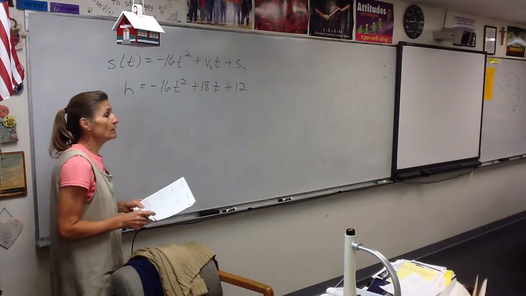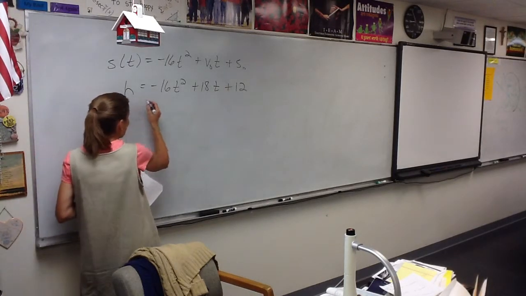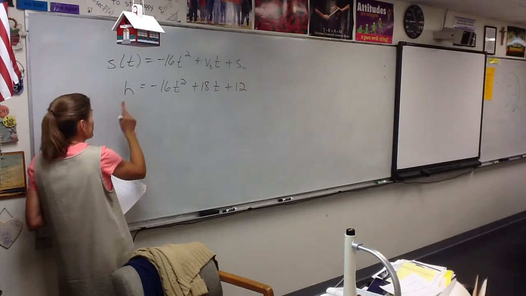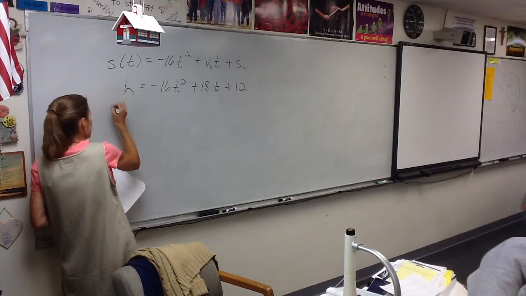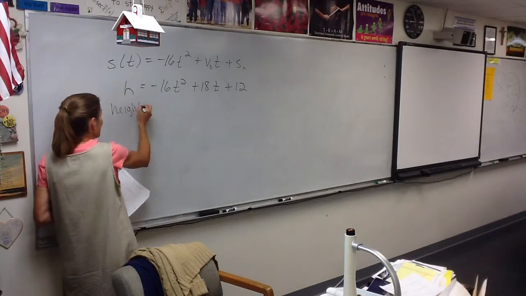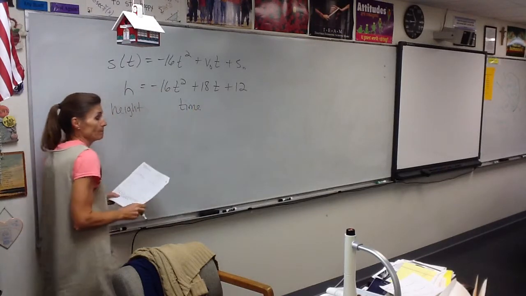Now, when will it hit the ground? I need you to look at your equation, kids. There are 2 variables in your equation. This side talks about height. This side talks about time. T is time.